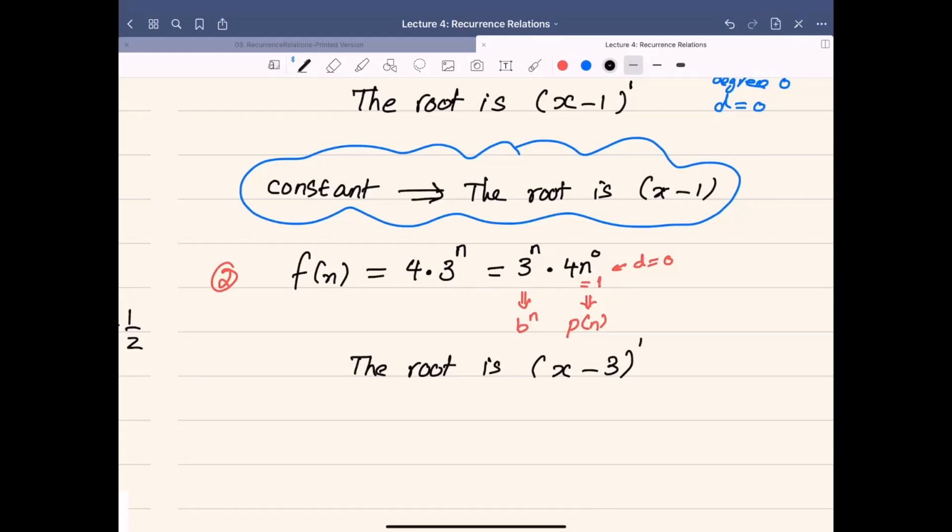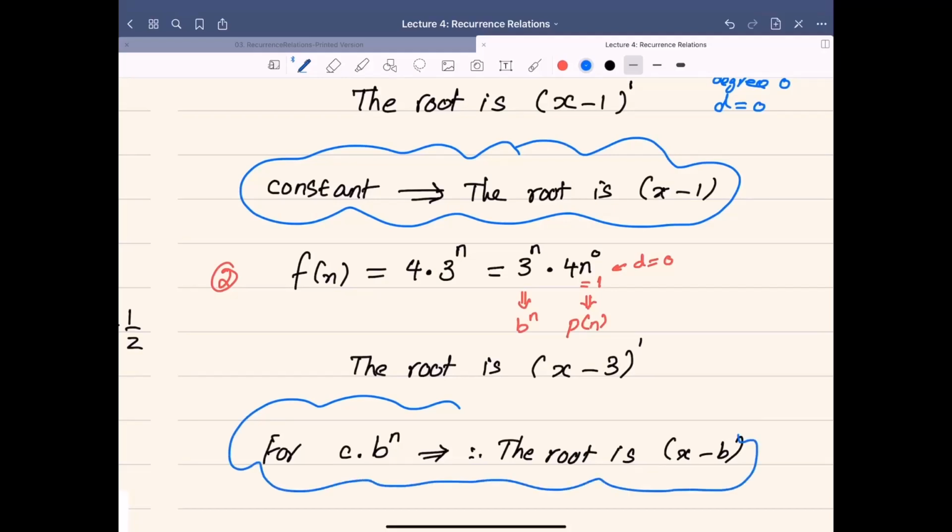So the general rule says that for any exponential, which is a constant multiplied by b raised to power n, the root is simply x minus b, and this is the second type of function whose root we can find.